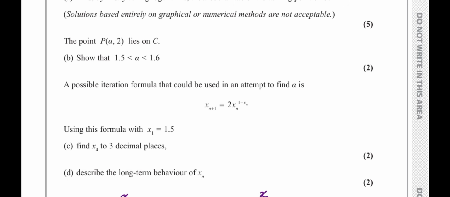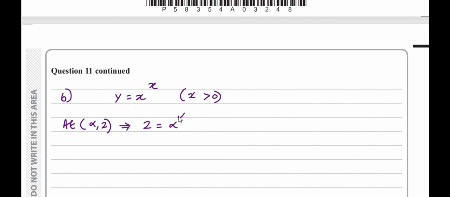Part B. The point P alpha, 2 lies on C. Show that alpha lies between 1.5 and 1.6. So the equation for the curve is y equals x to the power of x, where x is always greater than 0. Therefore, at the point alpha, 2, what it means is 2 should be equal to alpha to the power of alpha, or we could say alpha to the power of alpha minus 2 should be equal to 0.